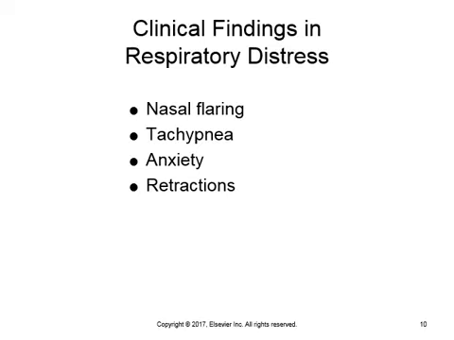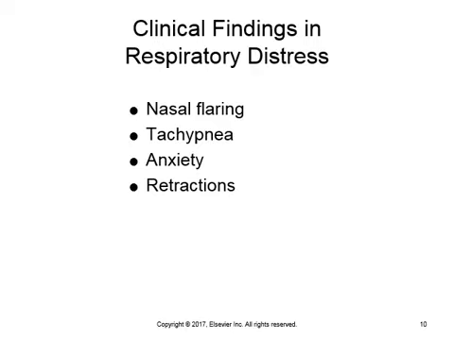All the things listed here are clinical findings in respiratory distress. So you can see that patients get anxious when they're unable to appropriately oxygenate. They show nasal flaring, which is when the nostrils actually enlarge, especially during inspiration.